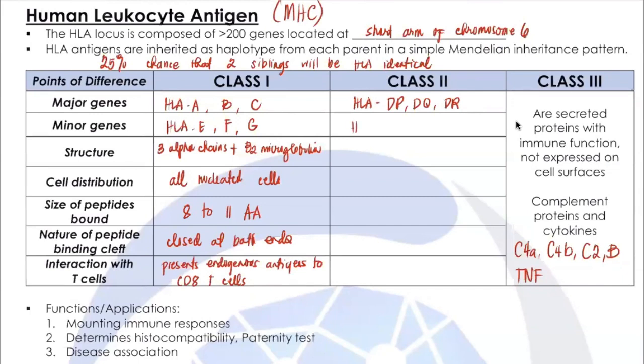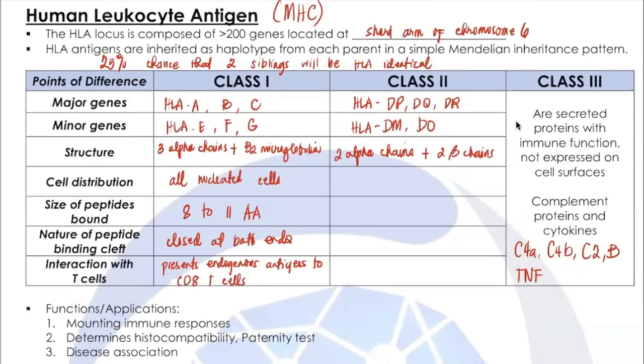The minor genes include HLA-DM and DO. So for the structure, katulad din ng ating class 1, this is also a tetramer. It is also composed of 4 units, but the units here are 2 alpha chains plus 2 beta chains.